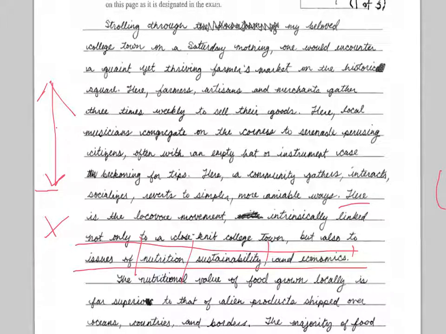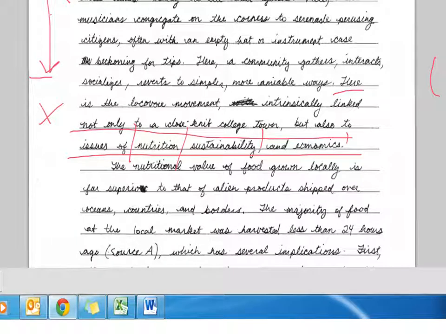And if we look down here, you can see that her first body paragraph begins with this idea of nutrition. So nutrition is mentioned in the thesis statement, and she's come to it straight away. The nutritional value of food grown locally is far superior to that of alien products shipped over oceans, countries and borders. The majority of food at the local market was harvested less than 24 hours ago, and she's used source A to support that, which has several implications.